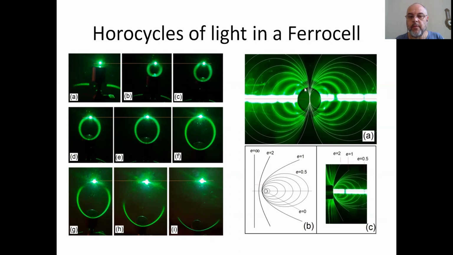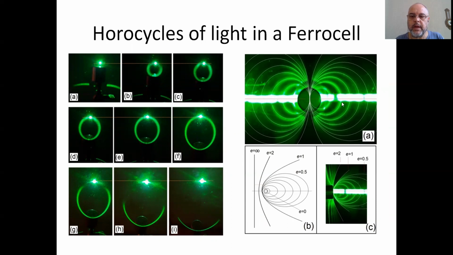And for this case here, we can see the same system. We put a magnet in this position that we called monopolar configuration, and we have a strip of LEDs, where we can see the formation of these horocycles.